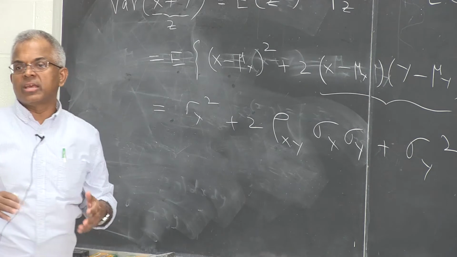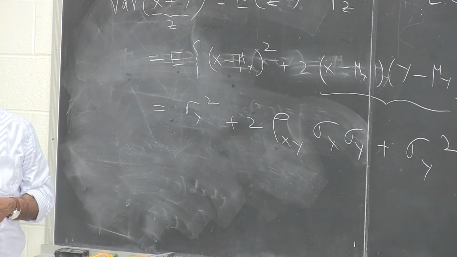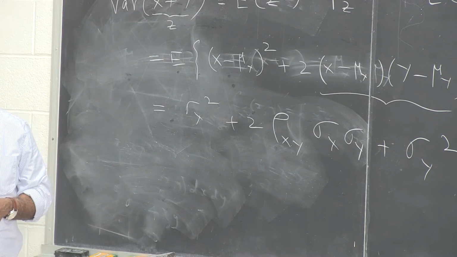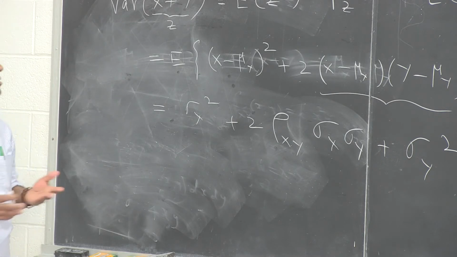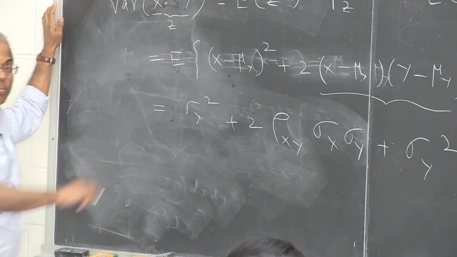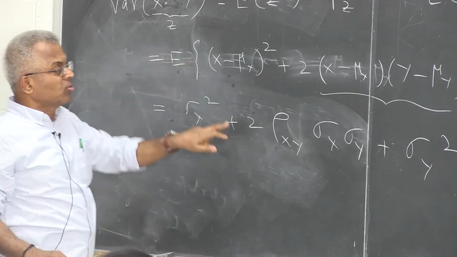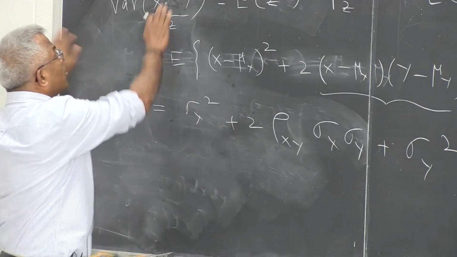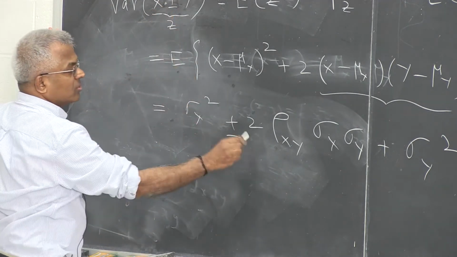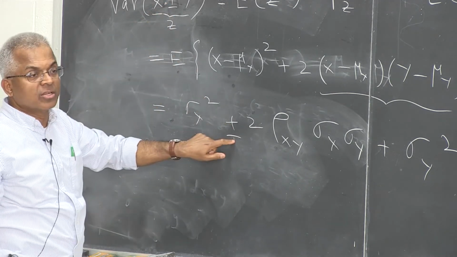so when can you say the variance of the sum is the sum of the variances? Not at all other times. So what happens if I put a minus sign here? You go through all this, and this minus sign is going to come here, isn't it? Do you see now? If it is plus here, it will be plus; if it is minus here, it is minus.